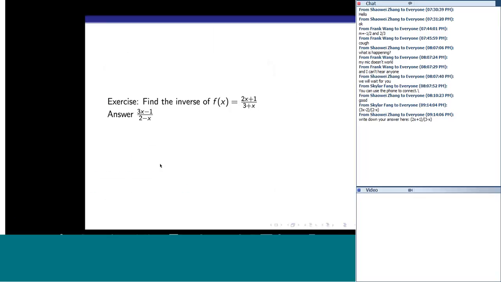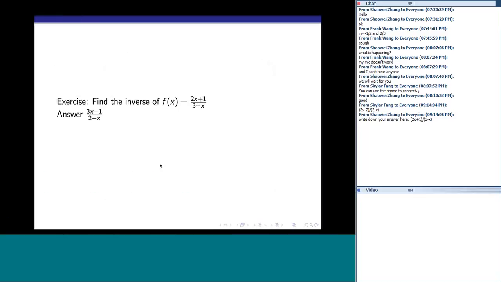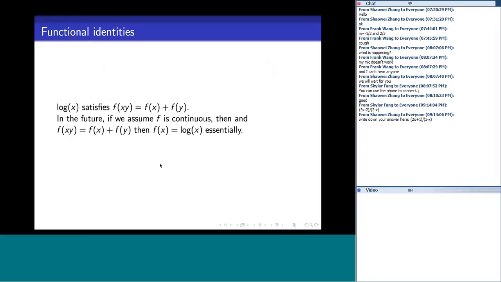All right, William, you got it? Sorry, Scott, you got it? Yeah. Is that the same as that? Okay. So functional identity is a very, very big topic. For example, log x satisfying f(xy) = f(x) + f(y).